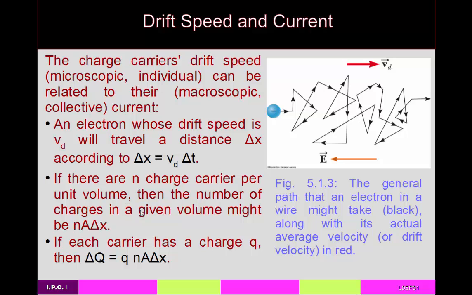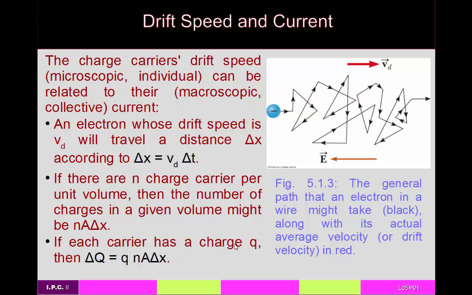Then you can get the total number of charges in a given volume by multiplying this charge carrier density times the cross-sectional area times delta x, the length over which you're interested. So A delta x is basically a volume term. So we're multiplying a charge density, number of charges per unit volume, times the volume. Therefore, you're getting a number of charges.